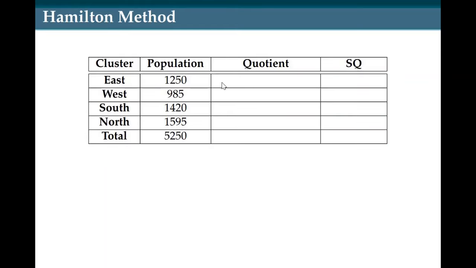So basically, we will just get the quotient for each cluster, using the formula for the standard quota: the population of the subgroup divided by the standard divisor. So we have 1,250 divided by 15, and that is equal to 83.33.